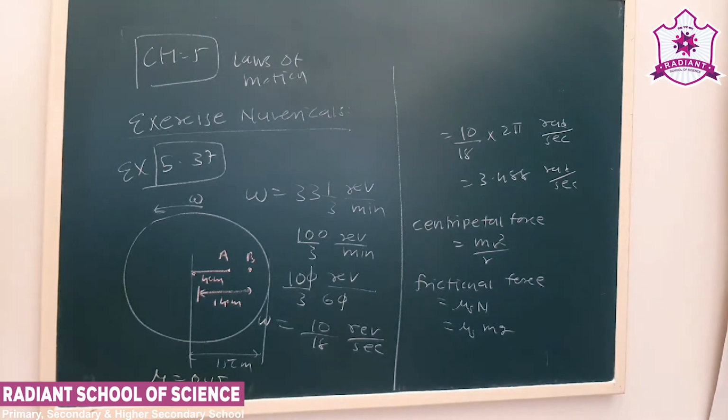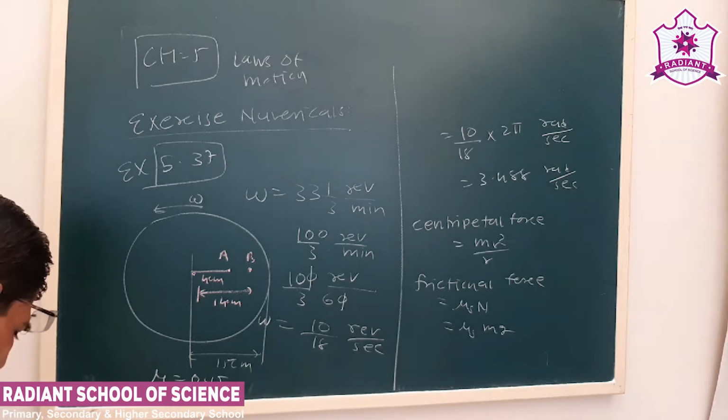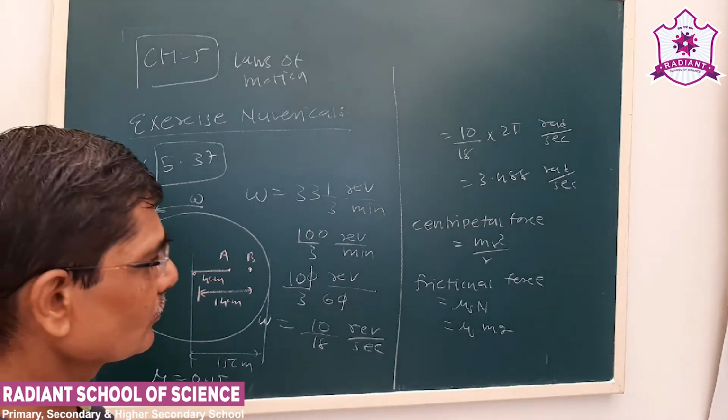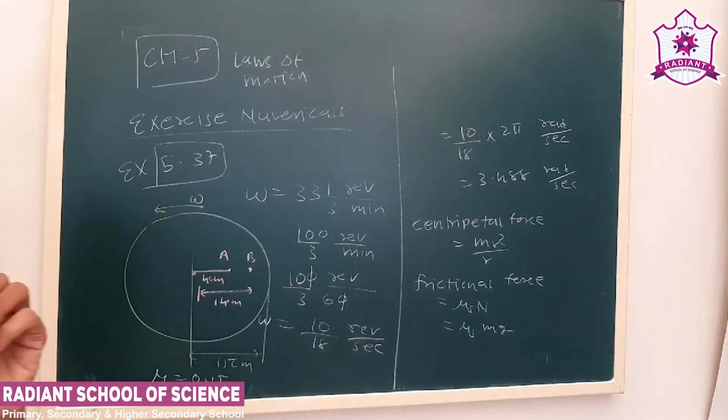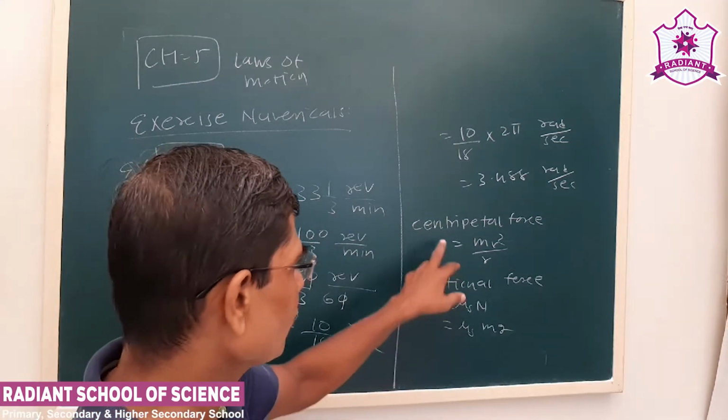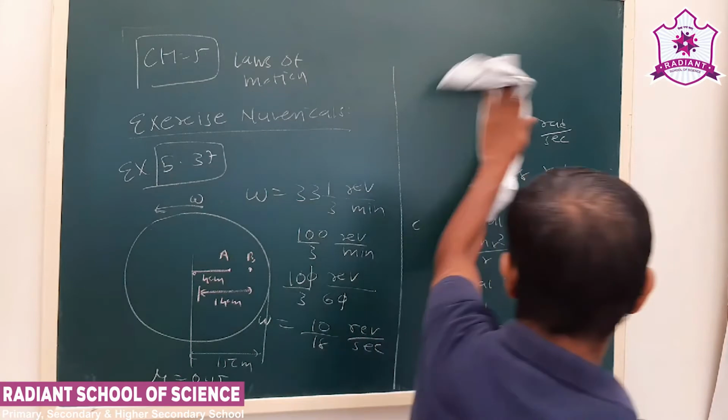We have to calculate which coin will remain on the disc and which will slip off. Now we know the relation: the frictional force should be more than the centripetal force.